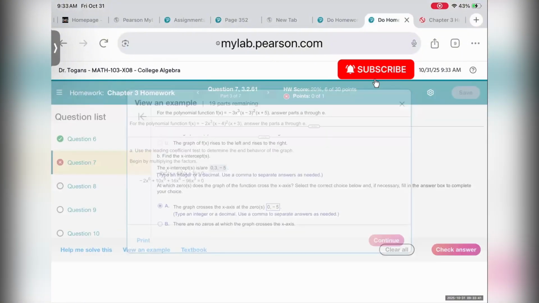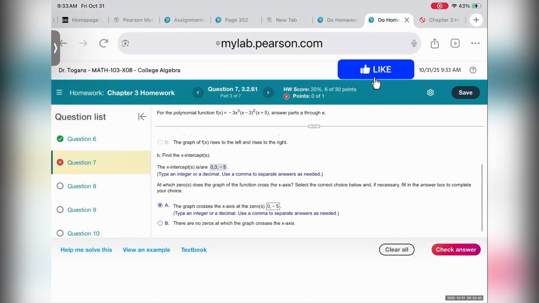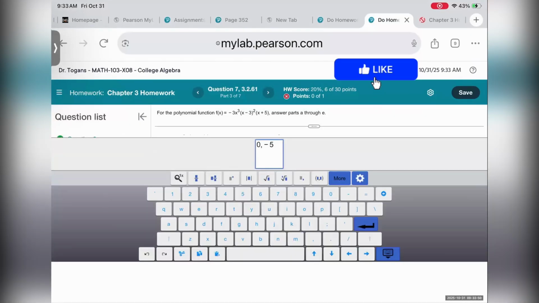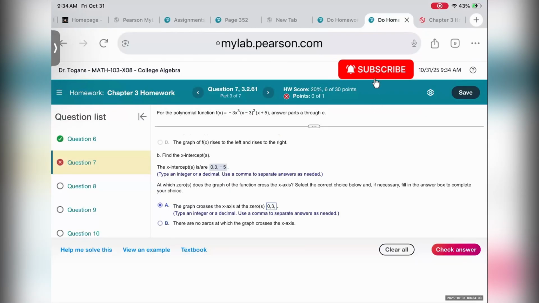All right. Okay, so it crosses at 3 and 0 and 3. That's fine. 0 and 3. And it touches at, oh wait, am I getting that backwards again? The odd ones, they cross.